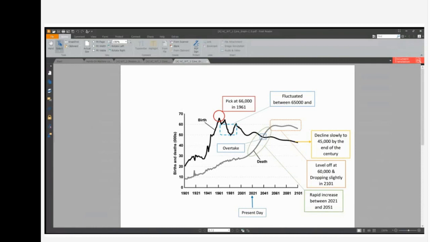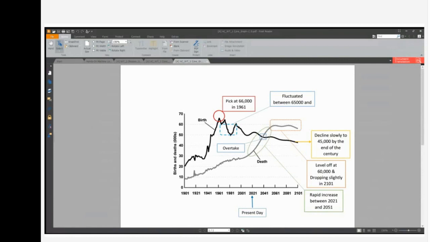So this particular thing, we can call a fluctuation. It fluctuated between 65,000 and around 50,000. So in this particular area, they started fluctuating.